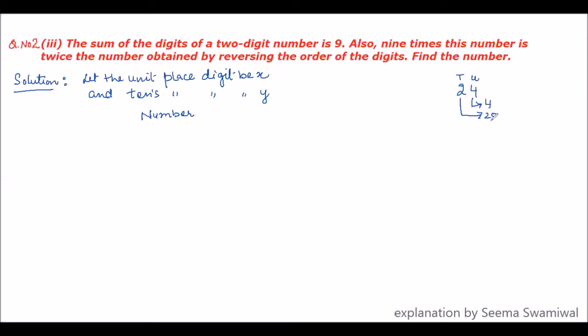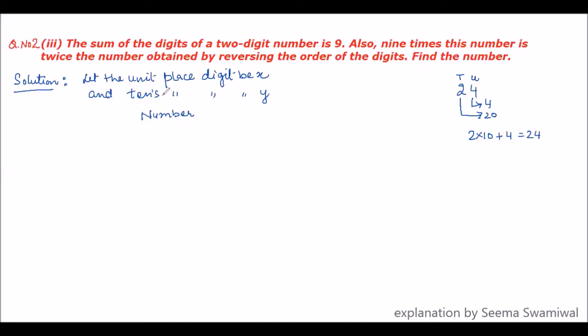If you want to get the number 24, what will you do? You will multiply the number at tens place by 10. So 2 is multiplied by 10, and then you will add the unit place number to it. And therefore, you will get the desired number 24.